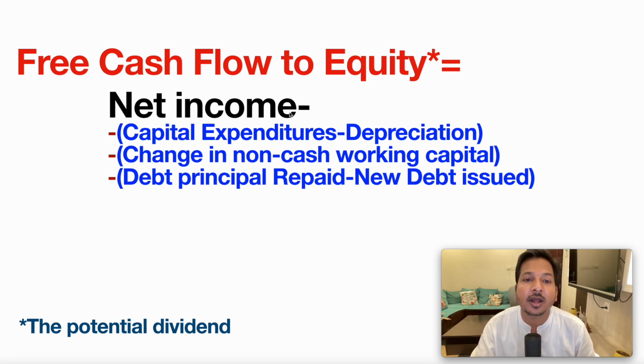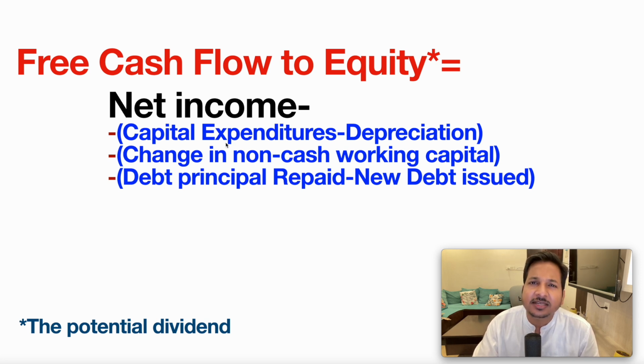Net income minus (capital expenditure minus depreciation) minus (change in non-cash working capital) minus (debt repaid minus new debt issued). Depreciation is effectively being added back.